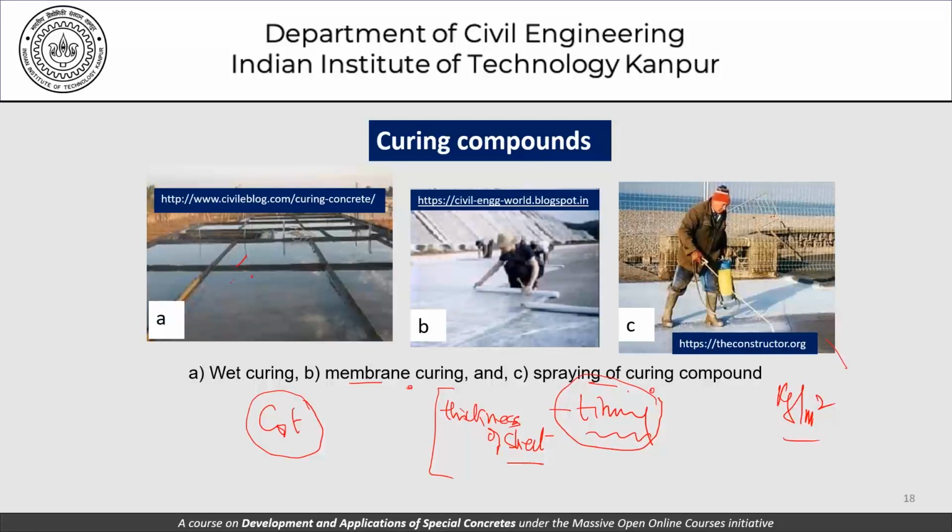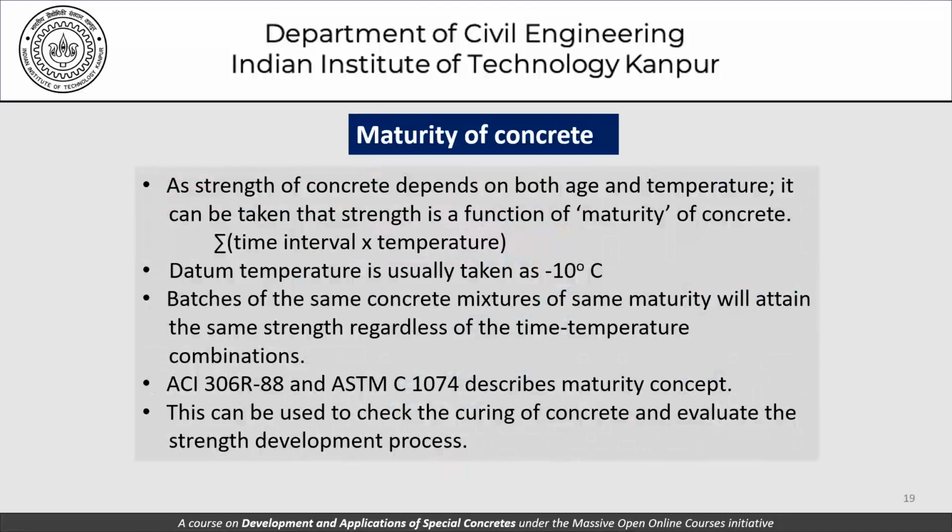Now, before we close the lecture, I'd like to introduce to you a concept which is maturity. As the strength of concrete depends on both age and temperature of concrete, it has been found that the strength is a function of what is called maturity, which is nothing but the sum of the product of time interval and temperature.